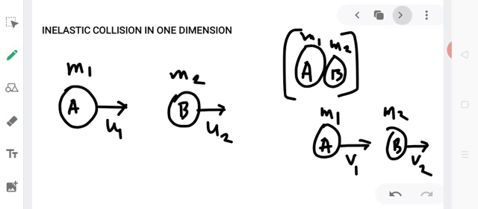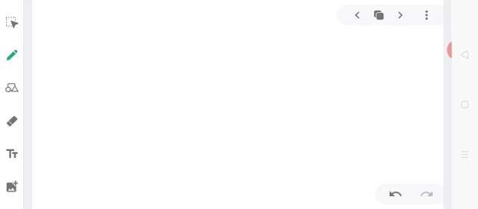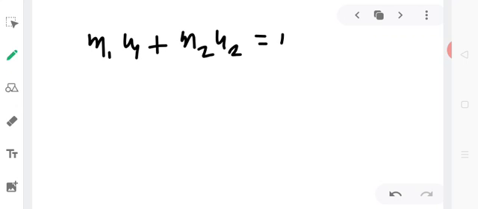As it is an inelastic collision, momentum is conserved. So we can write down m1 u1 plus m2 u2 equal to m1 v1 plus m2 v2. Now in an inelastic collision, the velocity of separation v2 minus v1 is smaller than the velocity of approach u1 minus u2.